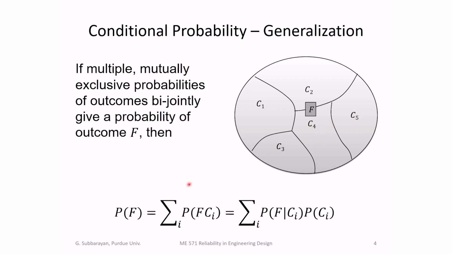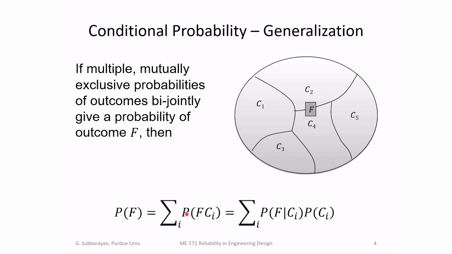So in which case, we can write the probability of failure as the summation, remember using the addition rule, except now all these events are mutually exclusive. Therefore, the intersection part goes away. And that's just the probability of F times Ci.